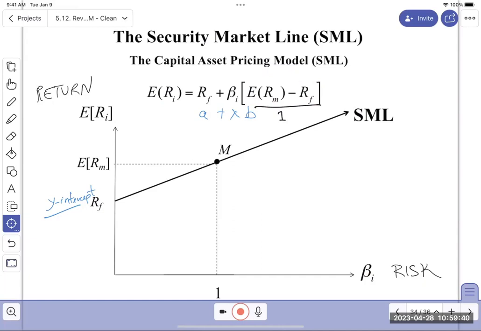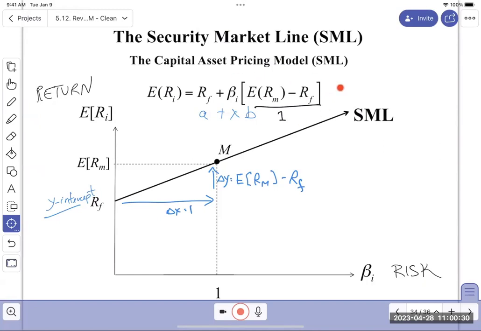That's what I said before. So for a 1 unit change in X, Y has to change by this amount, the market risk premium.